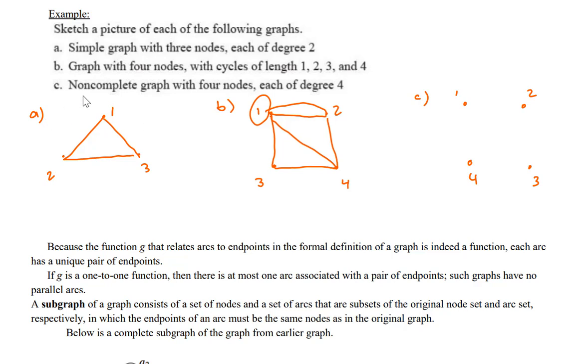And a non-complete graph with 4 nodes, each with degree 4. So here we have 4 nodes. What I'm thinking about is, if I go to 2 and back to 2, now 1 has 2 degrees. If I continue the same logic, I could see now 1 has 4 degrees, 2 has 4 degrees, node 3 has 4 degrees, and node 4 has 4 degrees.